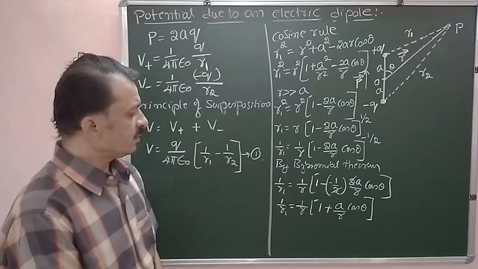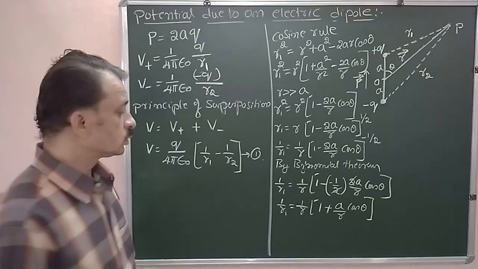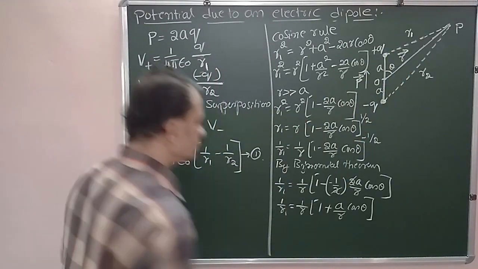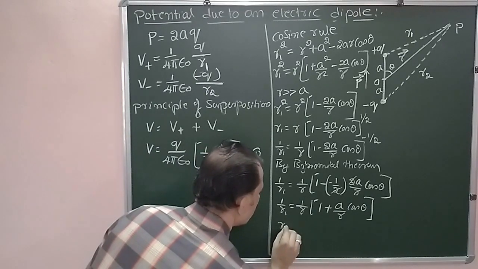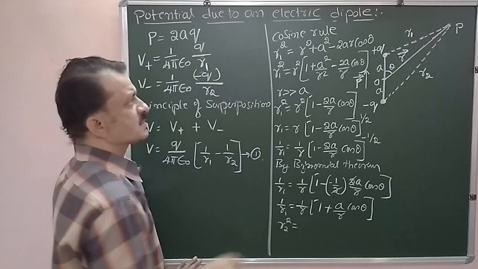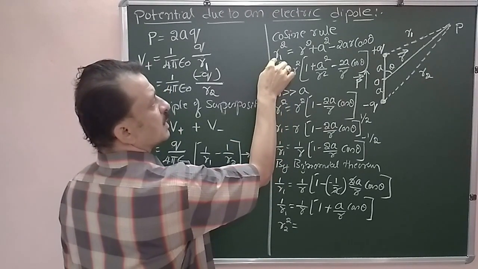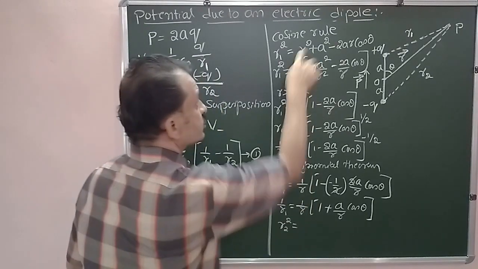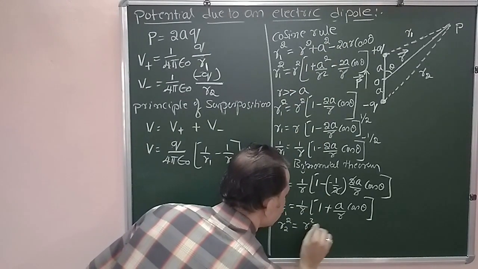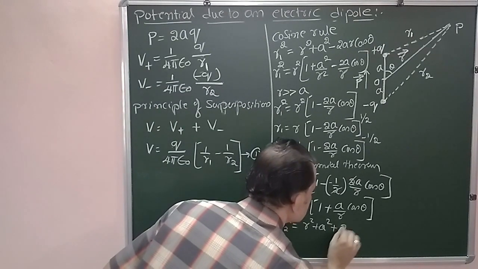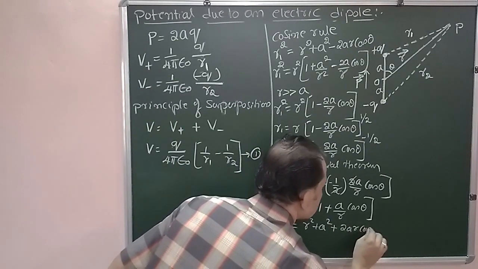Similarly, we can write 1 by r2. If I apply the cosine rule to this expression, therefore r2 square is equal to, since it is the longer side, it becomes plus. Since there it was the smaller side, it became negative. For the longer side, it becomes positive. The same expression: r square plus a square plus 2ar cos theta.